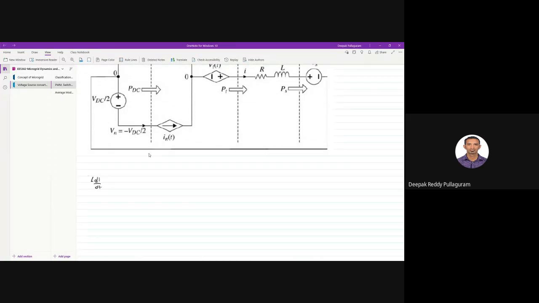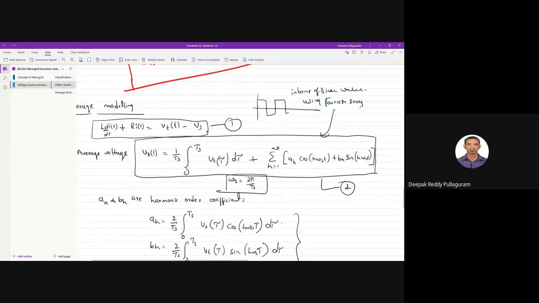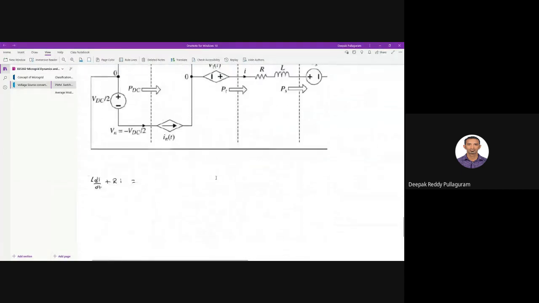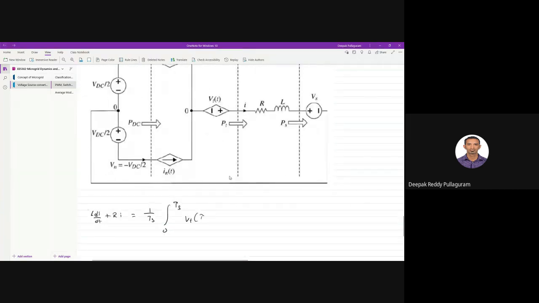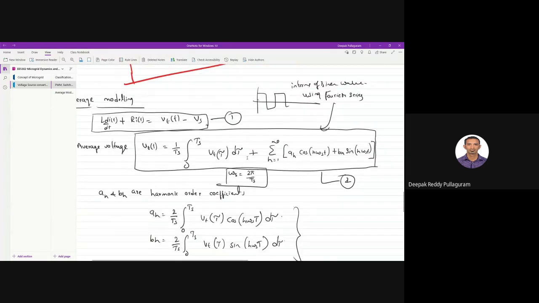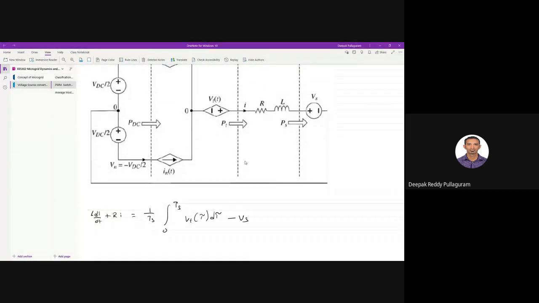L dI by dt plus Ri is equal to, instead of Vt, I write this entire equation: 1 by tau s, integral from 0 to tau s, of Vt d tau, minus Vs. Vs anyway is a DC quantity, so it won't be a big problem.